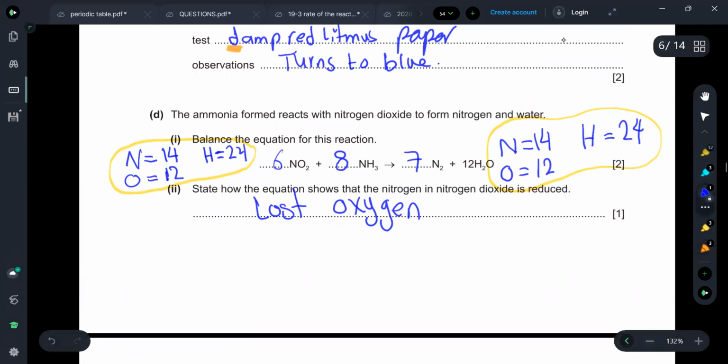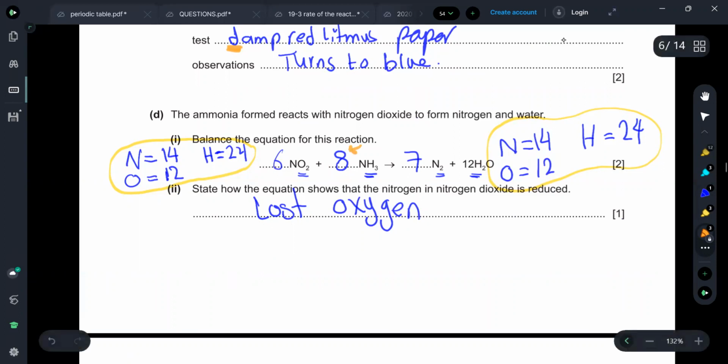So first, NO2 plus NH3 gives N2 plus H2O. We have 12 H2O. We start with hydrogen. Hydrogen in the product side: 12 times 2 is 24 hydrogen. So we need 24 hydrogen in the reactants.